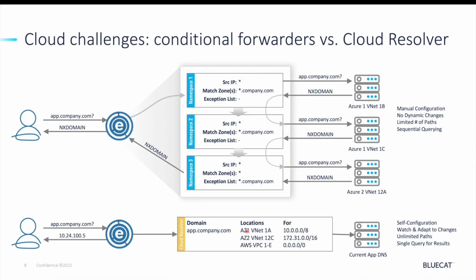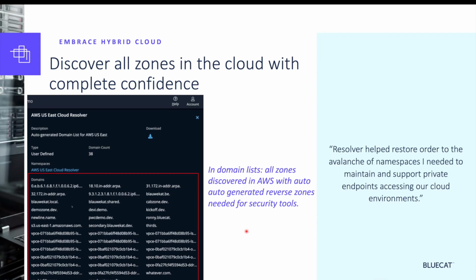And again, we can look at how Edge does this. It creates a namespace. In this case, we're calling it US East Cloud Resolver. The Cloud Resolver instance, which is Docker or server-based, queries that environment, that region, for the domains that it is aware of and what it has hosts for.